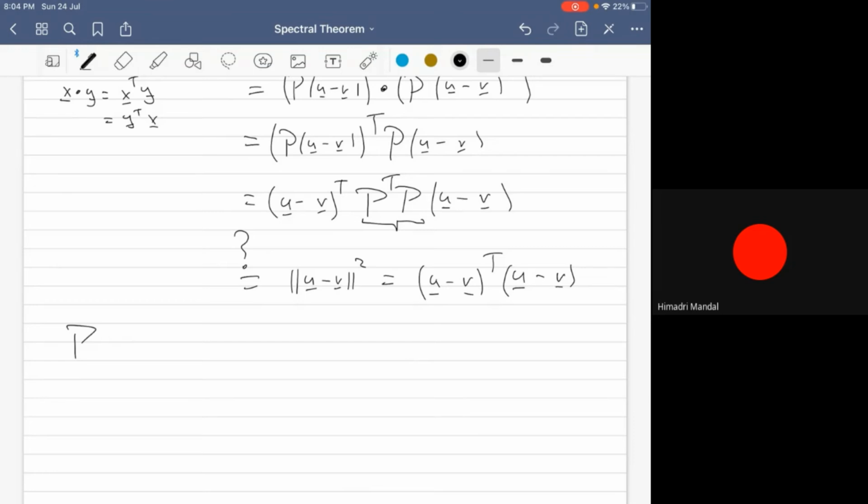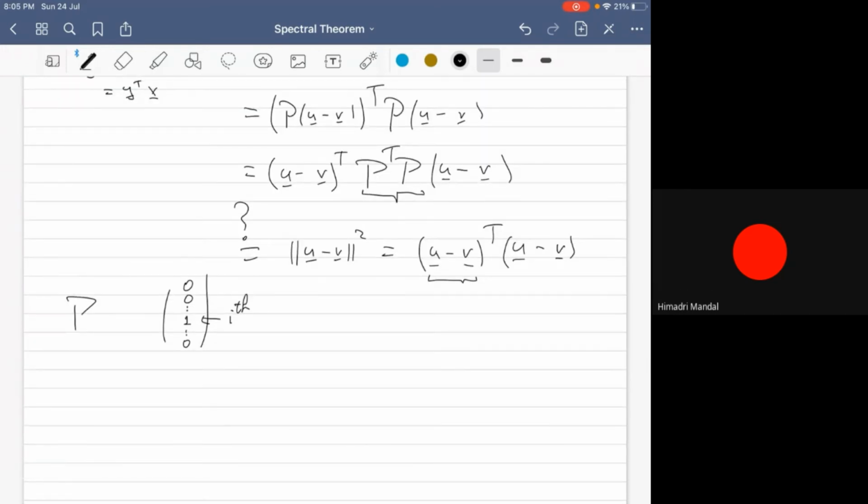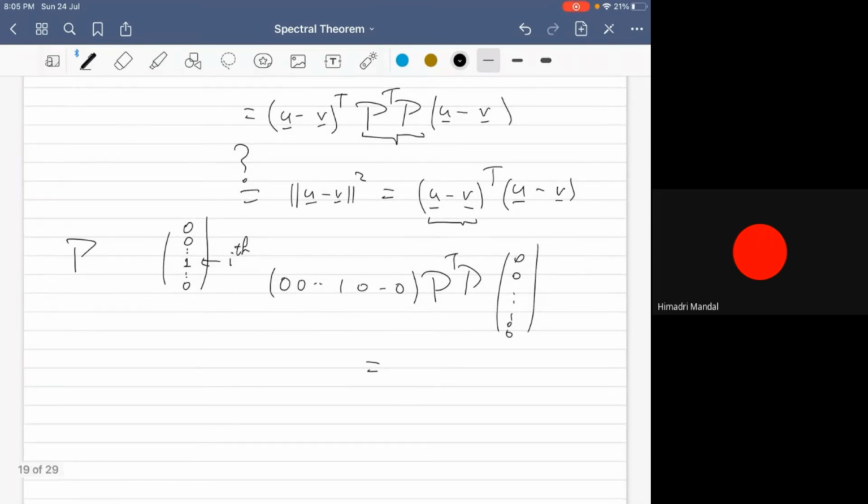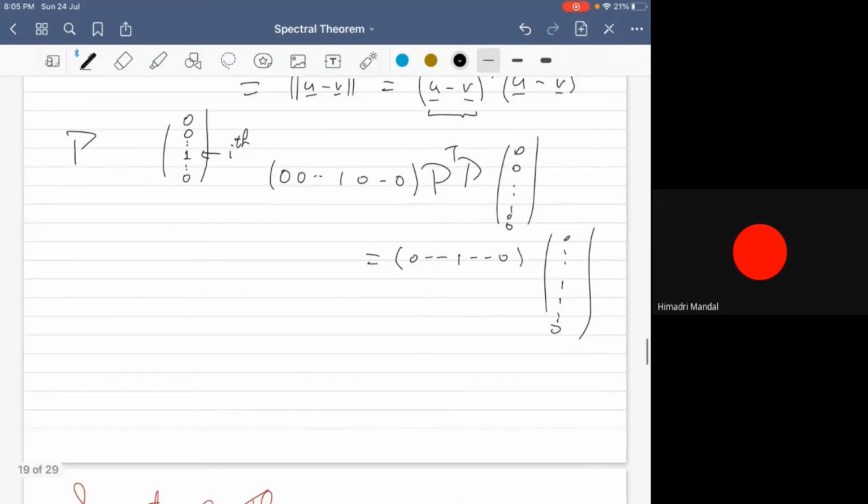Conversely, if this equality is true, then u minus v is an arbitrary vector, and just take this to be this vector, 1 in the ith place for arbitrary value of i, then we get 0 0 1 0 p transpose p 0 0 1 0, and this is exactly the ith entry of P transpose P. So we get the ith entry of P transpose P, and this is just 1 for i.